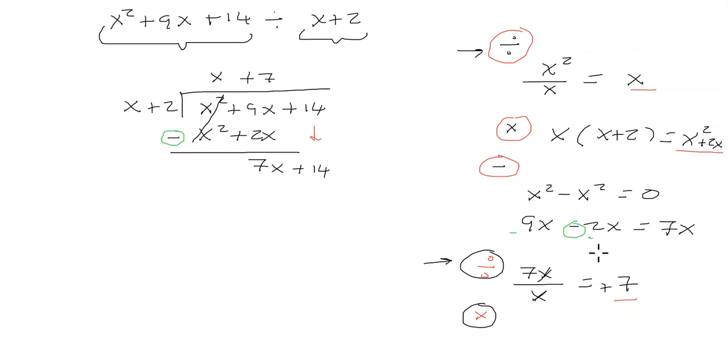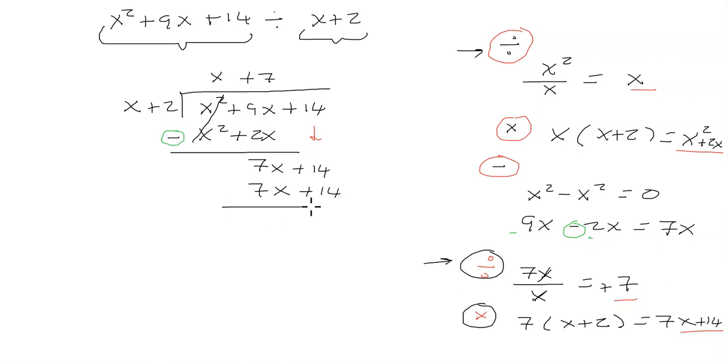So it's 7 multiplied by x plus 2. 7 by x gives you 7x, and 7 by plus 2 gives you plus 14. You take your answer and put it underneath this here, so it's 7x plus 14.